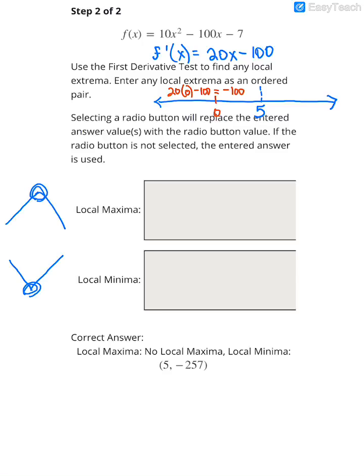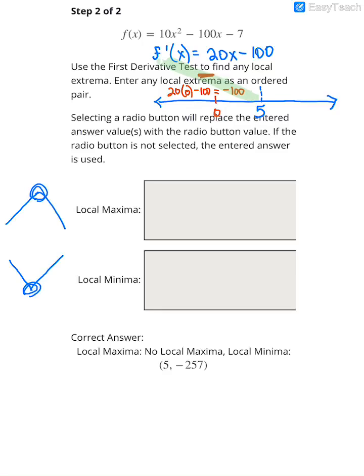So what this tells me is that the first derivative is negative on that interval, which tells me that the graph is actually decreasing on that interval. So it's going down.